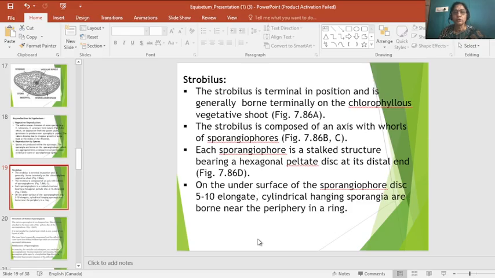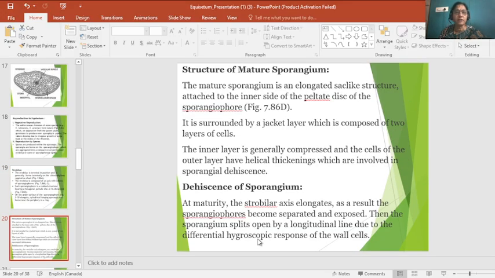Strobilus is composed of a central axis with whorls of sporangiophores. They are stalked structures bearing a hexagonal peltate disc at the distal end. On the surface of the sporangiophore, 5 to 10 elongate cylindrical hanging sporangia are borne near the periphery, in an inner ring.